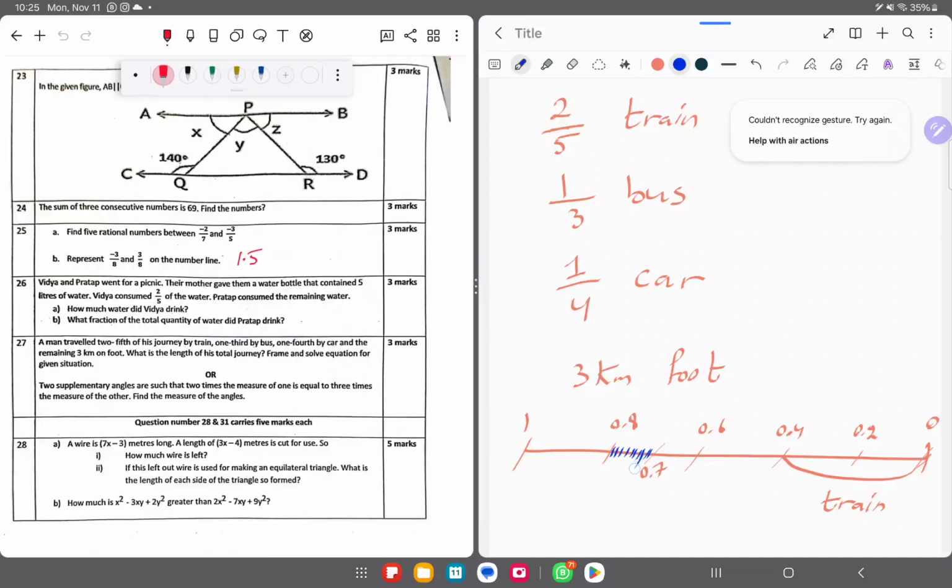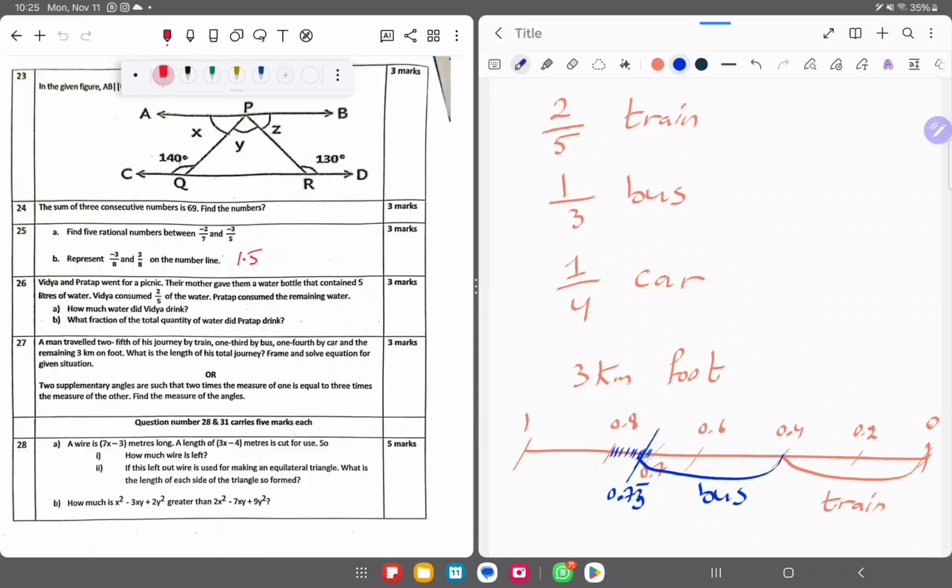Okay, so 0.73, 0.73 bar. So 0.73333333. So from here to here, this is by bus.